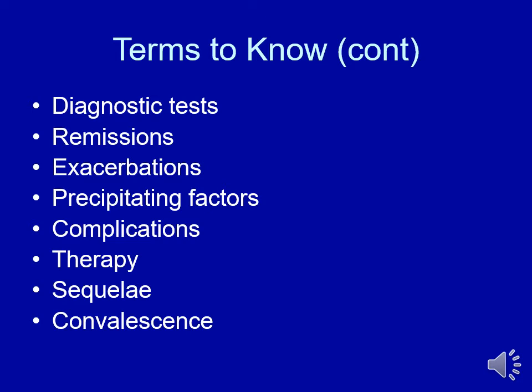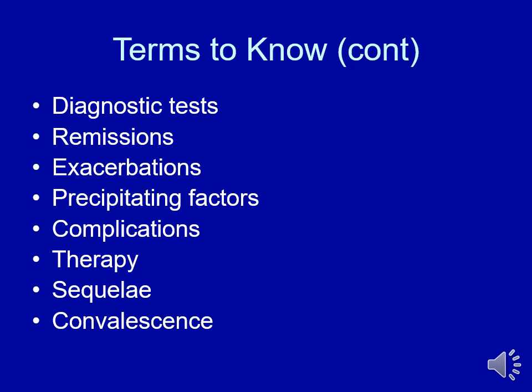And where I see this quite often is in MS. MS has this cycling that occurs where the person will feel pretty good for a while, and then they have an exacerbation, and then they go into remission. There are other diseases that do this as well, but this is a cycling or a progression that occurs in some diseases. Precipitating factors: these are conditions that can trigger an acute episode.